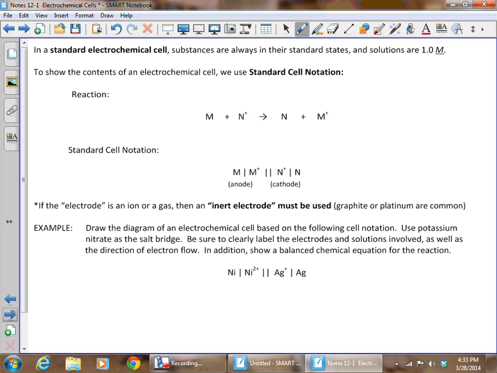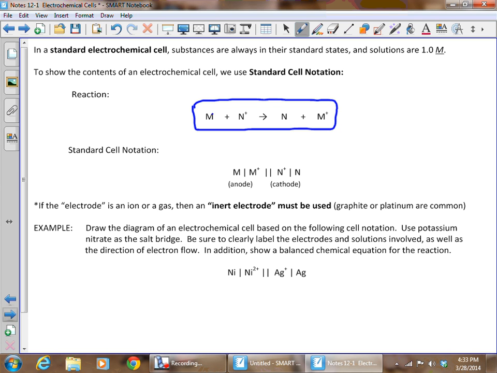In a standard electrochemical cell, the substances are always in their standard states, and the solutions are 1 molar. To represent an electrochemical cell, we use something called standard cell notation. For instance, if we had this reaction right here, then we would write standard cell notation by showing the reaction that's occurring at the anode.